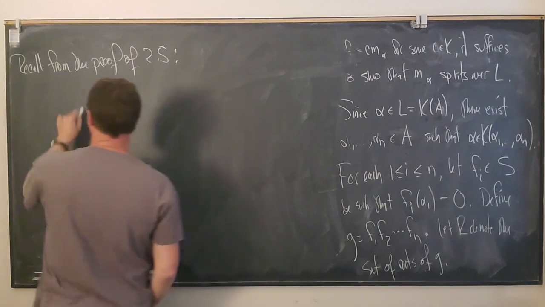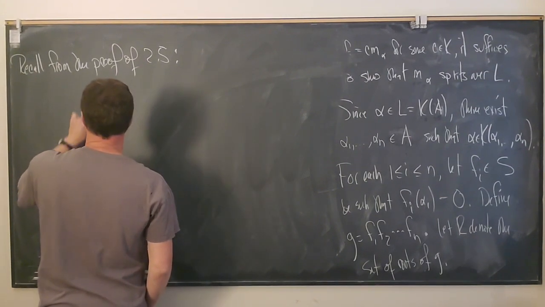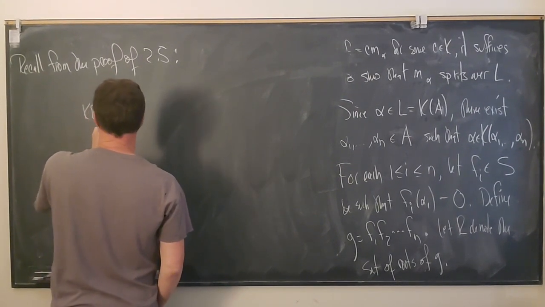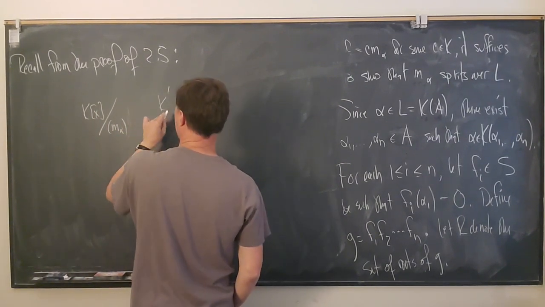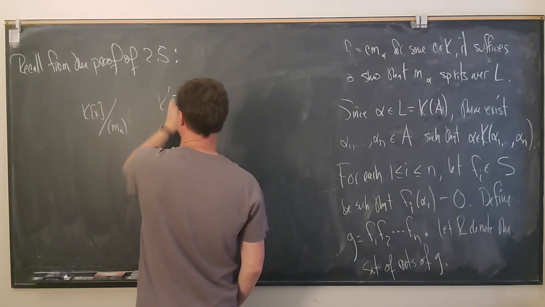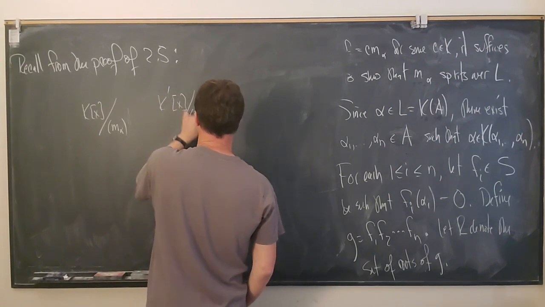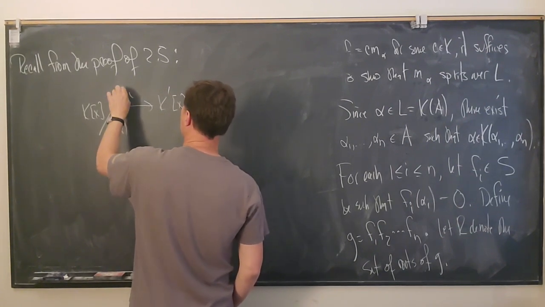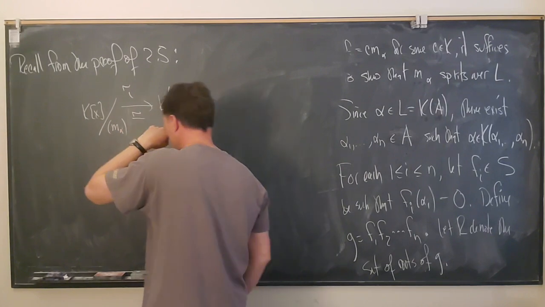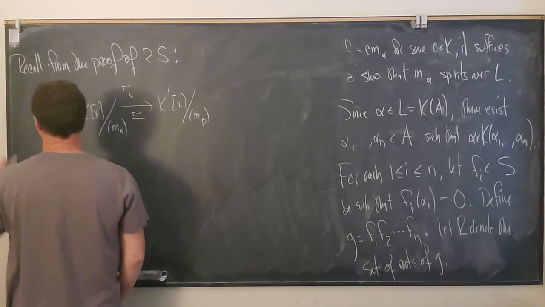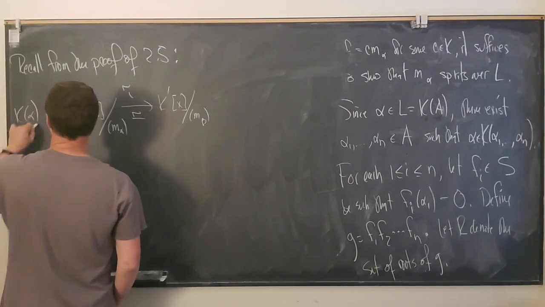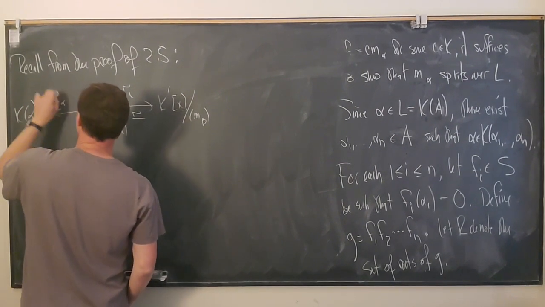We have K bracket X mod the ideal generated by m alpha. We had a K prime bracket X mod the ideal generated by m beta. This was the mapping I tilde. That was an isomorphism. And then this went to K adjoin alpha via e sub alpha tilde.